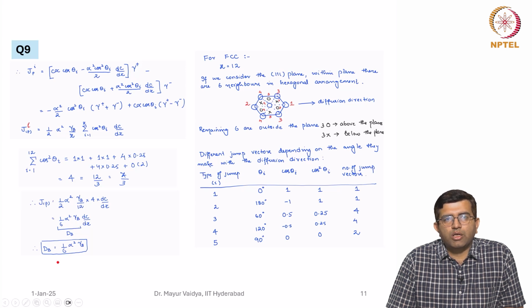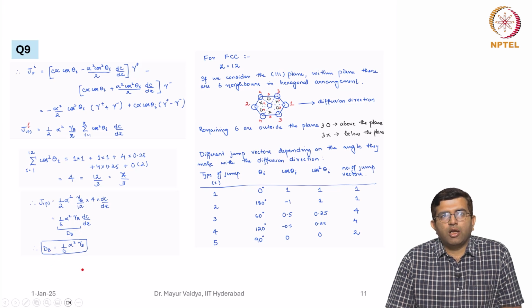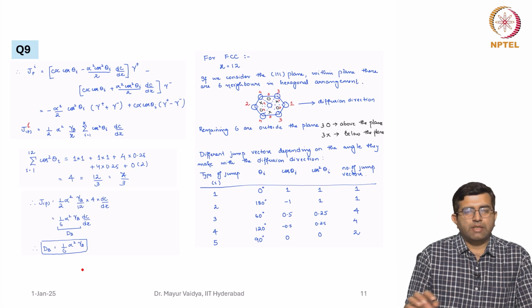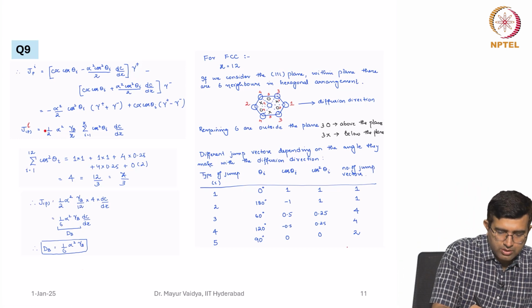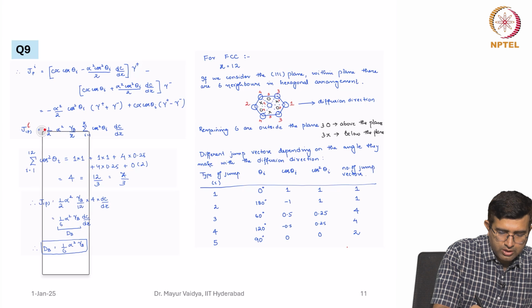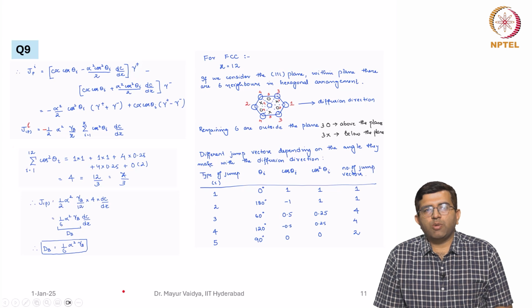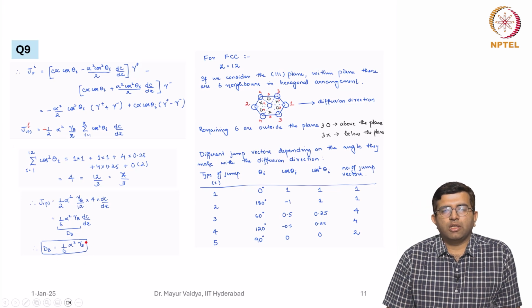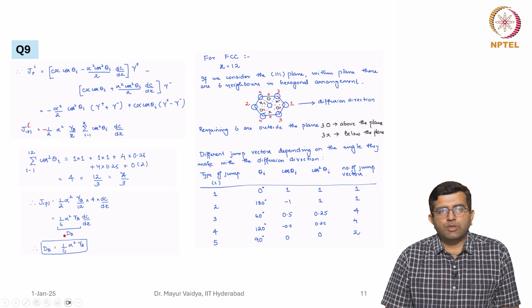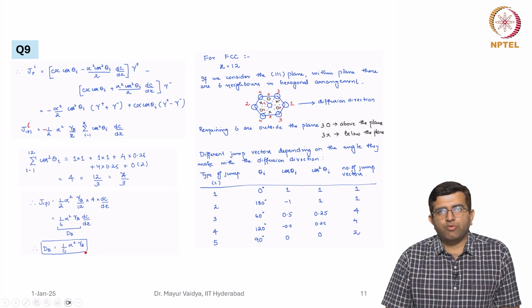So, if you compare it with the Fick's first law, then you can write dB is equal to 1 by 6 alpha square gamma b. So, I will just add minus here which was missing earlier. So, this way you can show that this is true for FCC lattice also. So, this relation holds good for the cubic lattices.